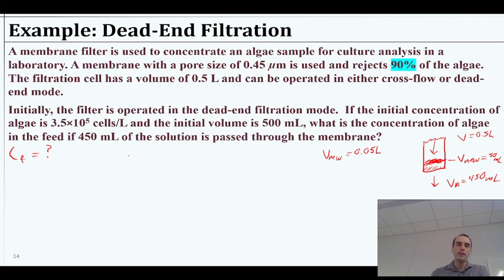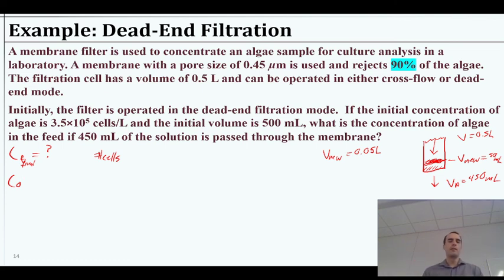So I think the way that might make the most sense is to take a look at the number of cells. We were actually given an initial concentration of cells, a C initial, C naught. That's like the C feed before we push any water through. And the C feed final is what we're looking for.